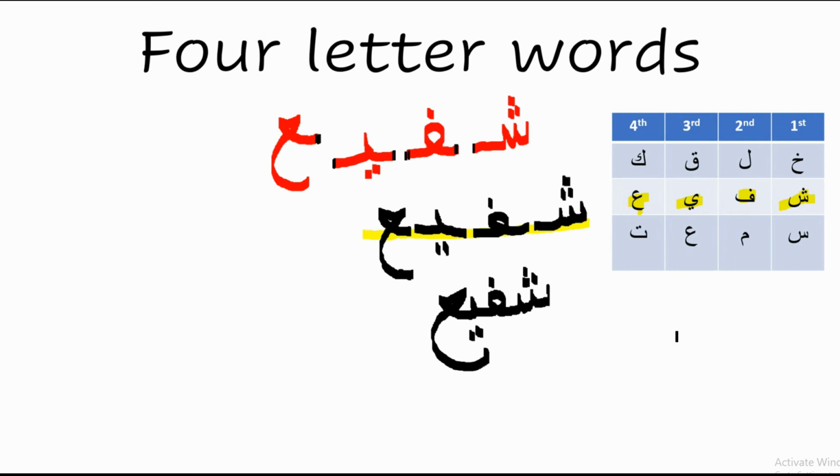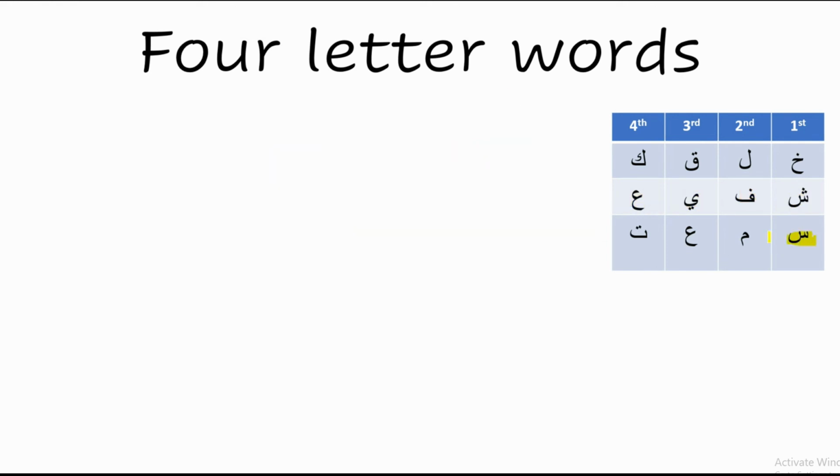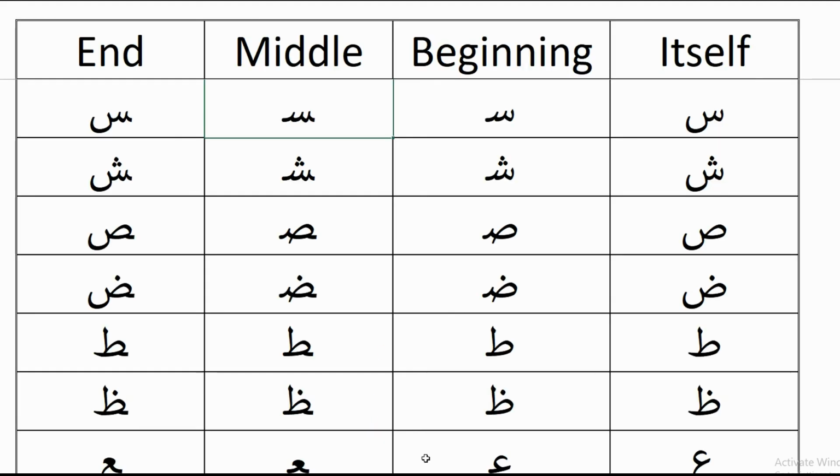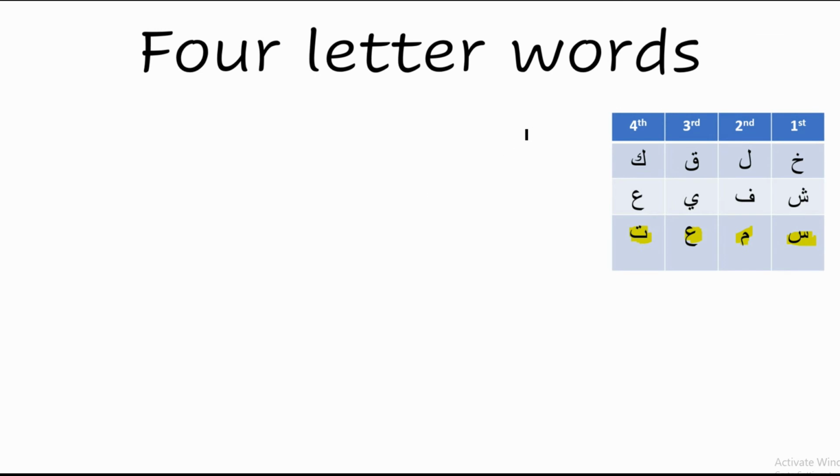Let's go to the next one. So now we will be joining this word. Seen, mim, ain, and ta. Seen is in the beginning of the word and ta is at the end. Mim and ain are in the middle. So we copy the seen from the beginning column. This is how seen looks in the beginning. Seen. The next letter is mim. This one we have to copy from the middle column.